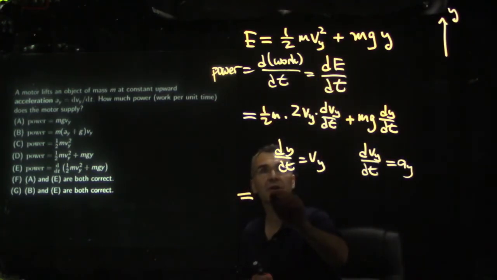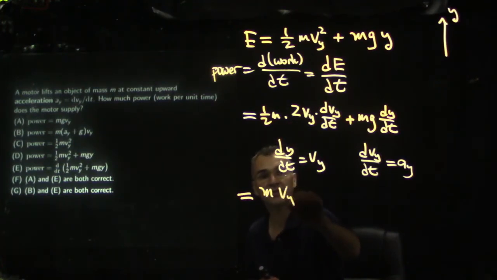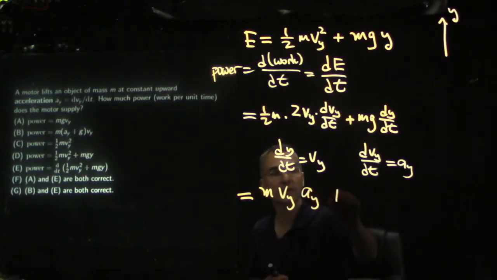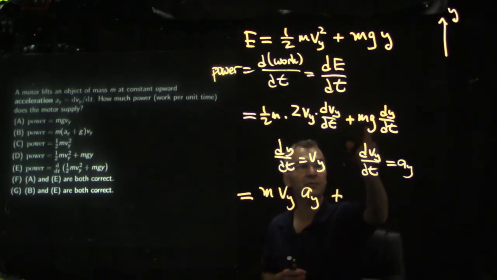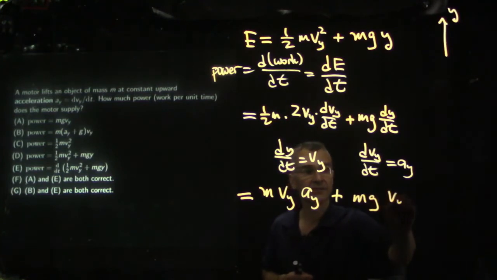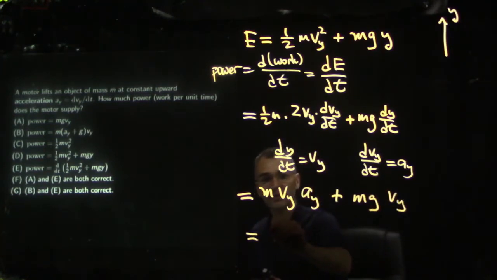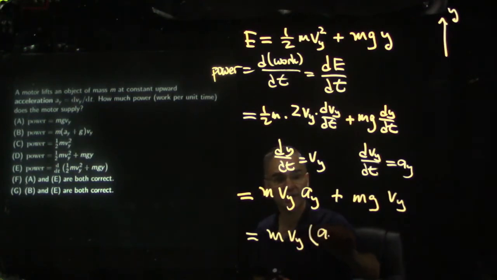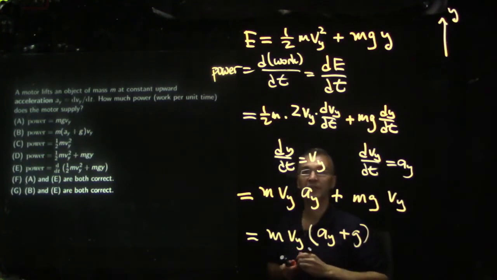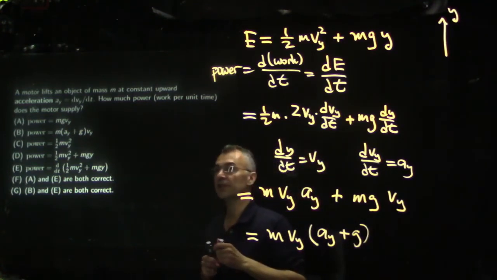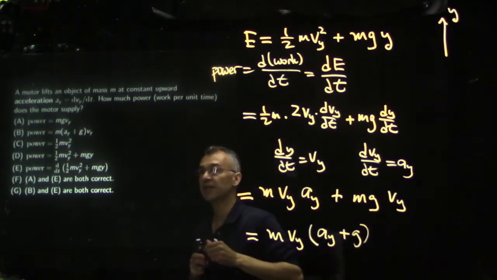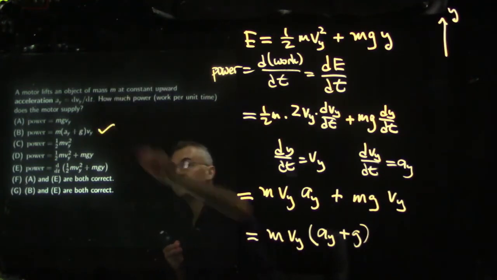The 1/2 cancels the 2, this is m v sub y a sub y, and then mg dy by dt is just mg v sub y. So you could say that's m v sub y times a sub y plus little g. Let's see if that matches any of our candidate answers. So we could say m a sub y plus g, times v sub y.